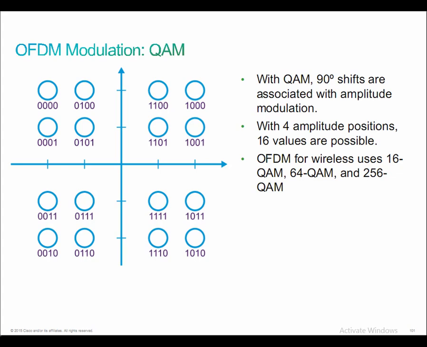Now, when you go up to 256 QAM, you're talking about using 20 megahertz wide channels or even possibly 40 megahertz wide channels. We'll get into those concepts in a little bit.